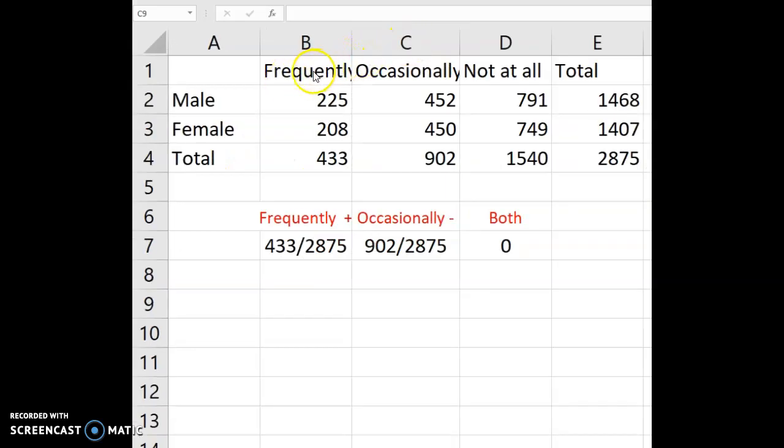So the probability someone is frequently or occasionally involved, the probability of frequently would be the number that responded as frequent over the total people in our survey, and add that to the number who were occasionally engaged over the total, and then subtract anybody who is both, and you have to be one or the other here. These are mutually exclusive, and so we would be subtracting 0 and reduce that down to get our probability.